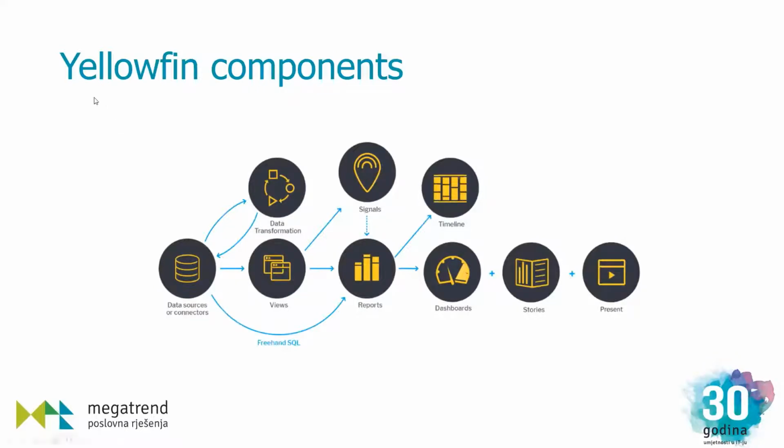The next step is data transformation. This is a tool that enables us to transform data from the data source into a usable view that can then be read by Yellowfin. A view is basically a metadata layer in which we define relationships between database objects, usually views or tables, and we implement additional business logic in it.